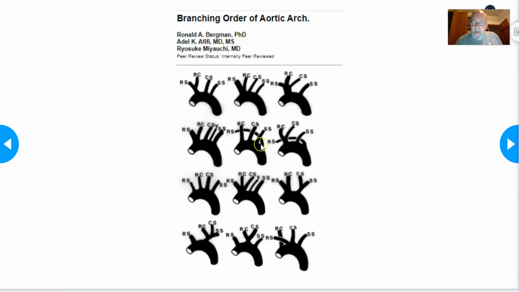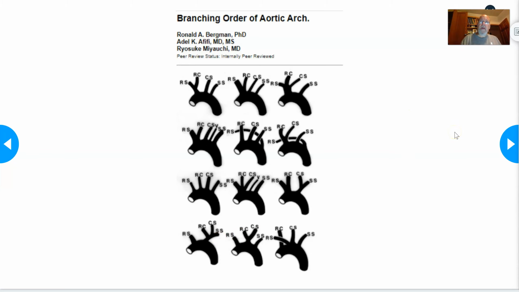For example, the right subclavian artery, which is supposed to be right here, could actually come off the aorta all the way over here and cross over the midline. I could have 4 separate blood vessels. I could have just one blood vessel come off instead of the one that splits, and then I could have the second blood vessel split into 3. And so you can see that we have all of these different variations.